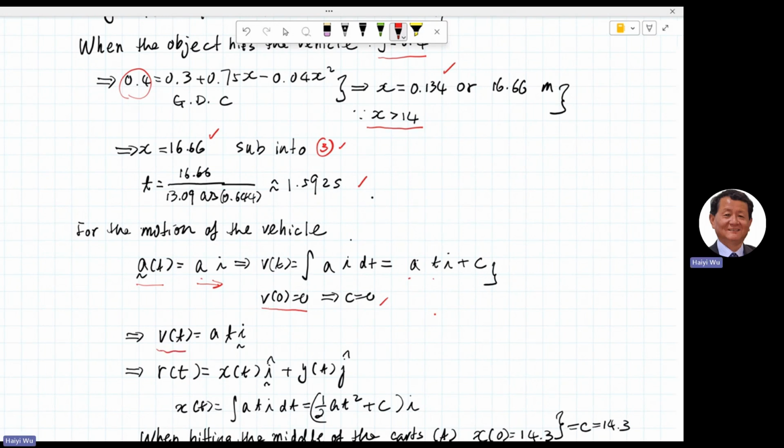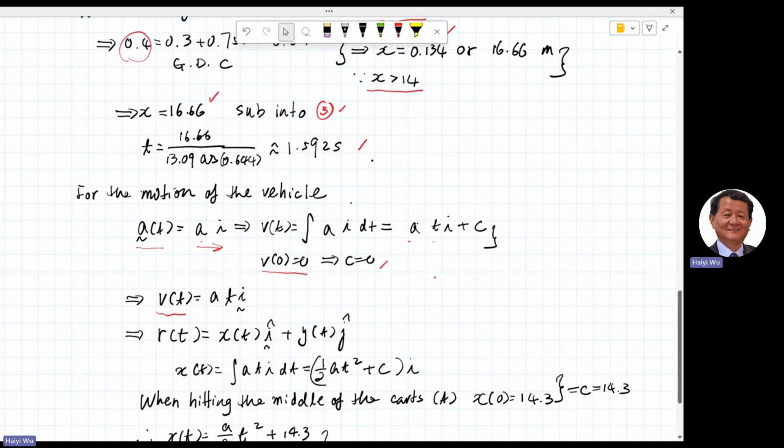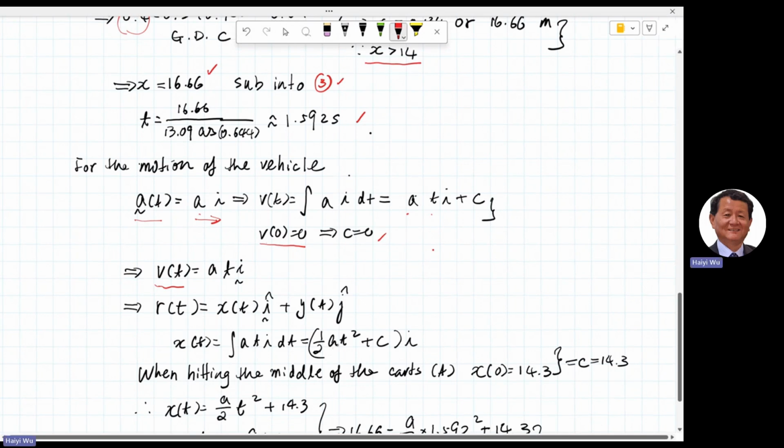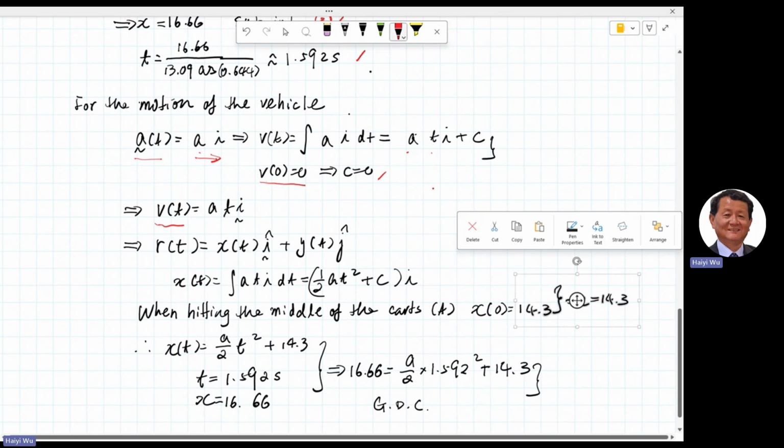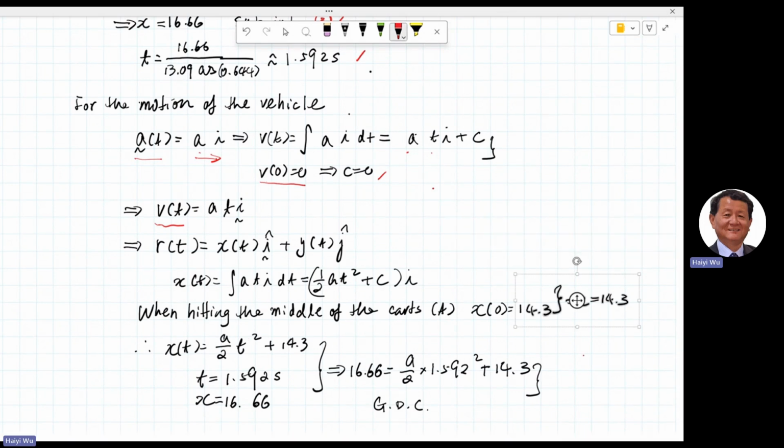Then we integrate it. When integrated, you need to find the x component, which is half a t squared plus C. But when you hit the middle of the cart, because you hit in the center, the x horizontally is 14.3, because the total length of the vehicle is 0.6. So therefore, C is 14.3. So that's horizontal.